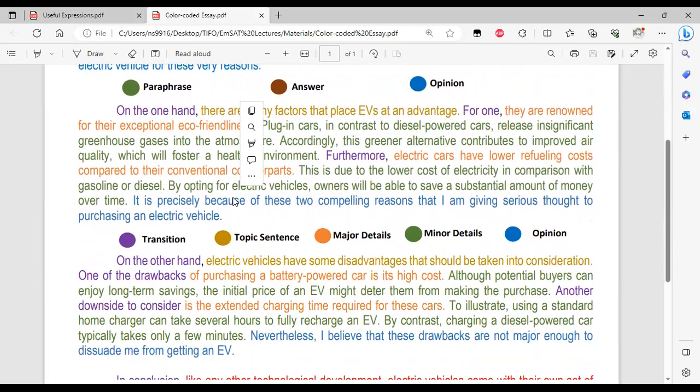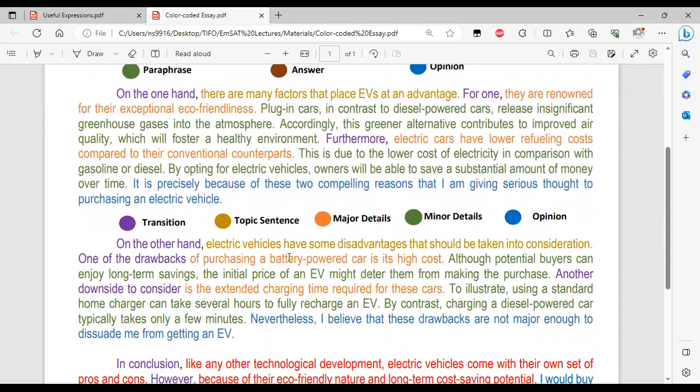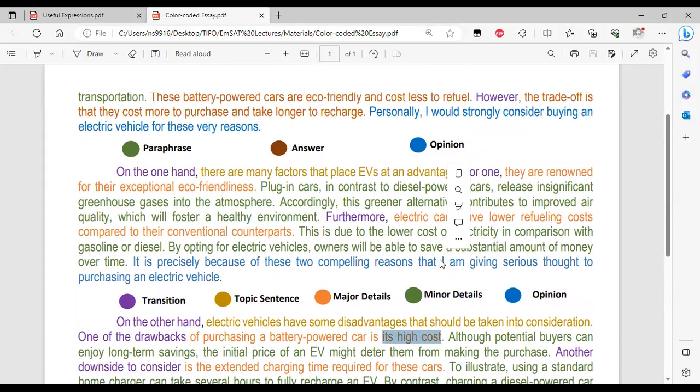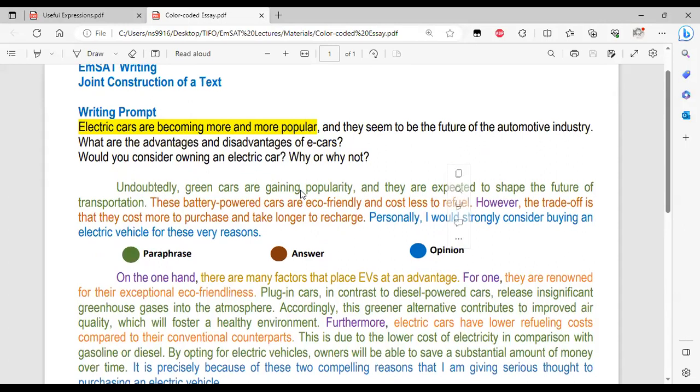You will find this is the first one. The drawbacks. Now, although potential buyers can enjoy long-term savings, electric cars... Okay, this is the first: one of the drawbacks of purchasing a battery-powered car is its high cost. This is in the introduction, the first one: the trade-off is they cost more to purchase.